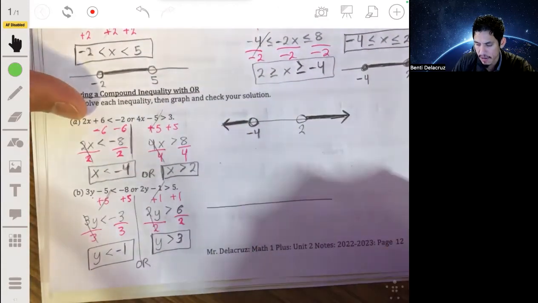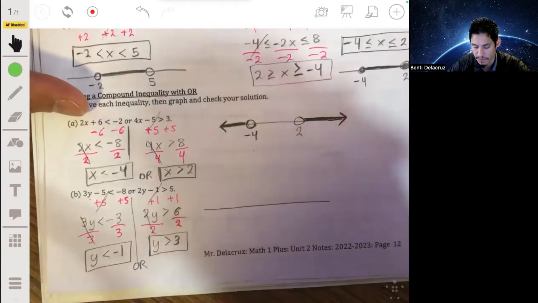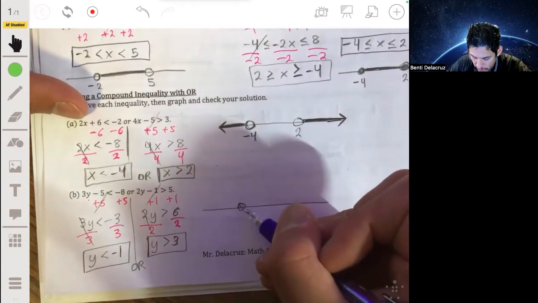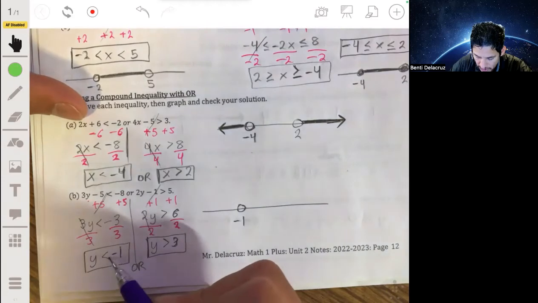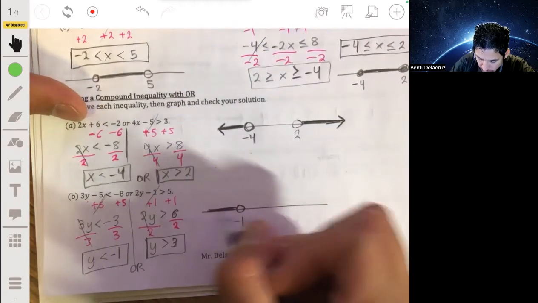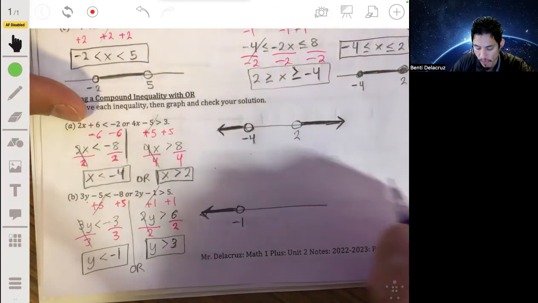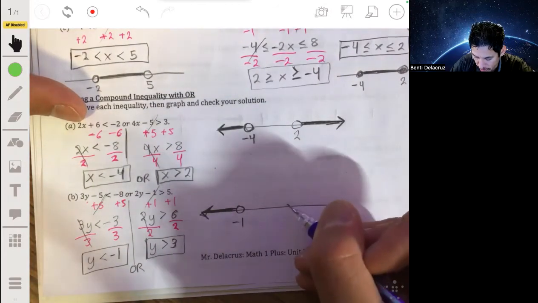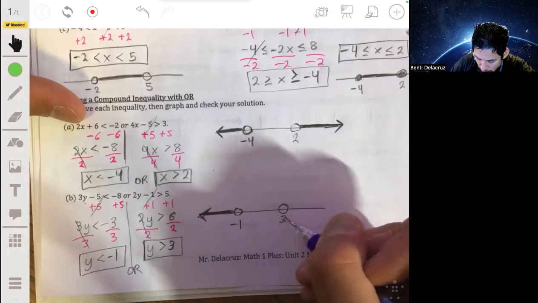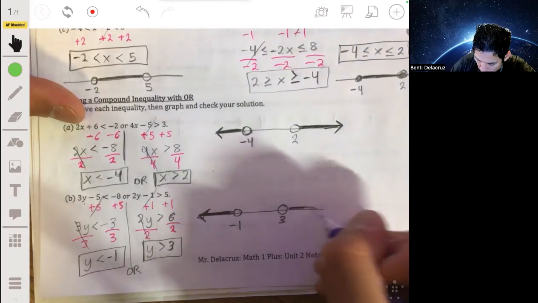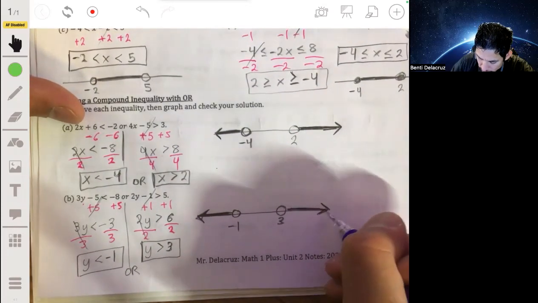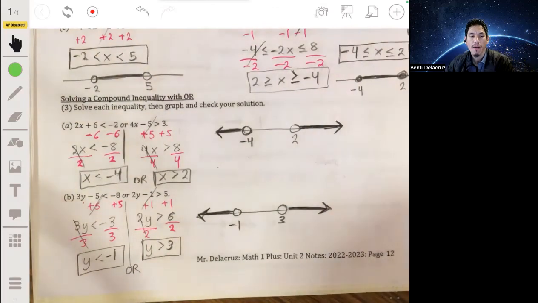We make our number line, and we open circle on -1. We're saying less than -1, so we're going to shade an arrow to the left. And then when y is greater than 3, so an open circle on 3. And then an arrow to the right. And that's it.